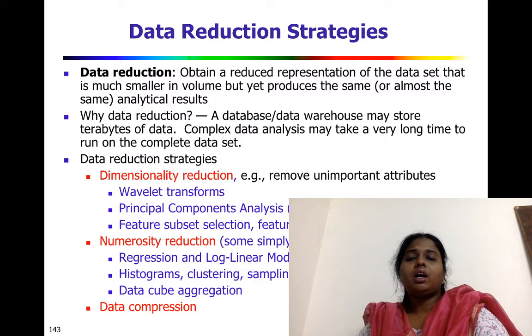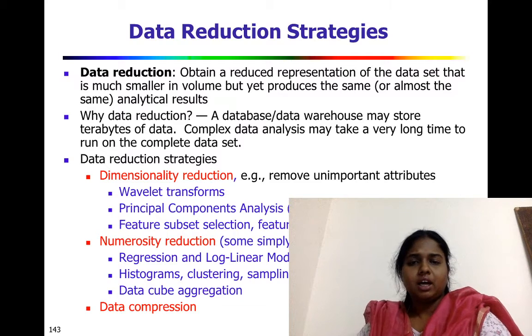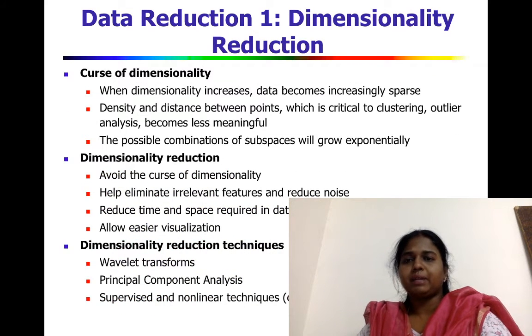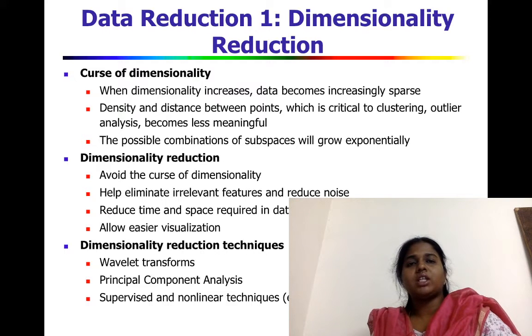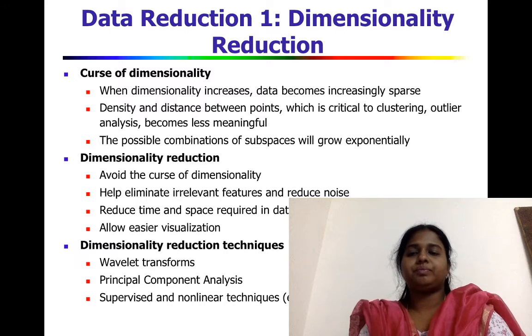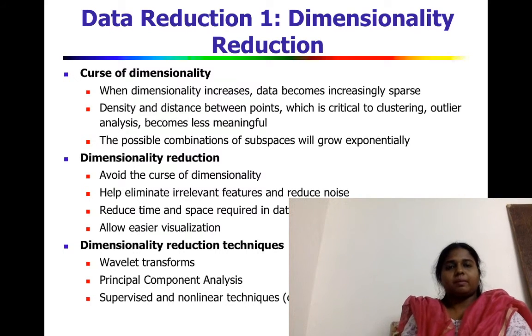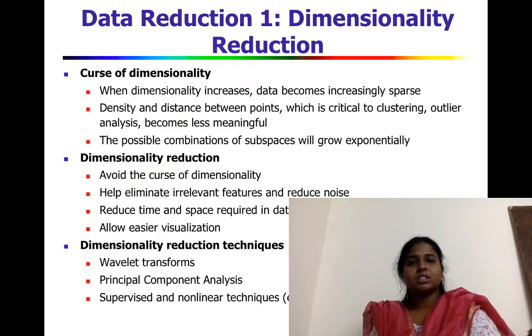Now, we will see these one by one. Then we will understand better. Now, the first methodology is dimensionality reduction. What is dimensionality? In a database, what can I call as dimension? The number of rows across the number of columns is called the dimension of the database.